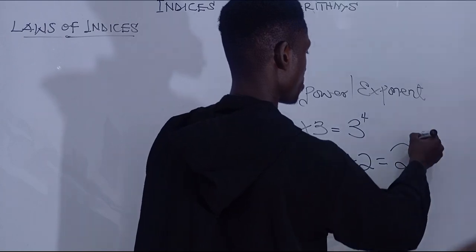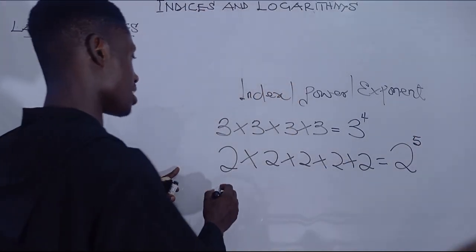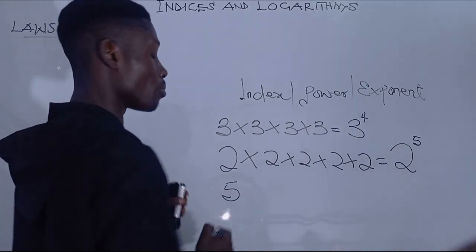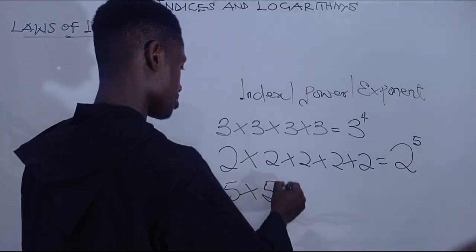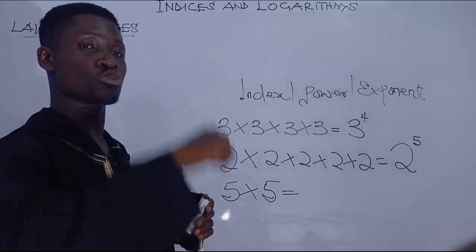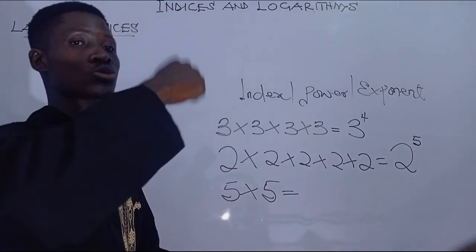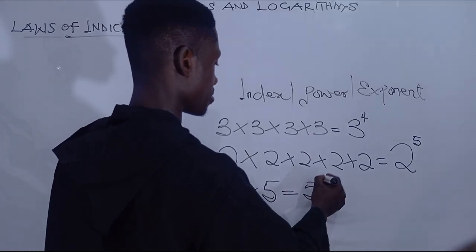So we have 2 raised to the power 5. Also, if you have the number, let's say 5, multiplying itself, let's say 2 times, it is multiplying itself 2 times. So this 2 is what we write as an exponent to the number 5.